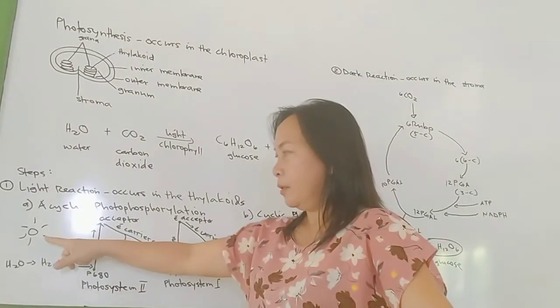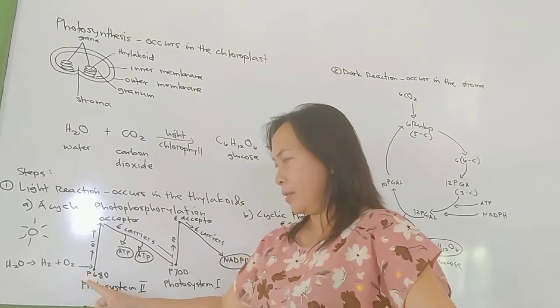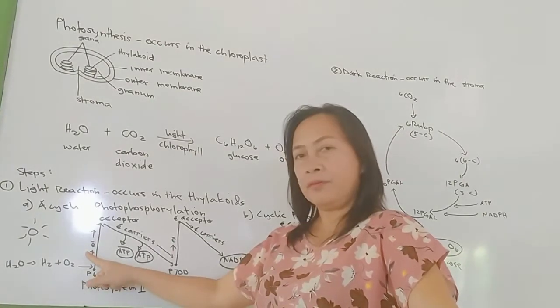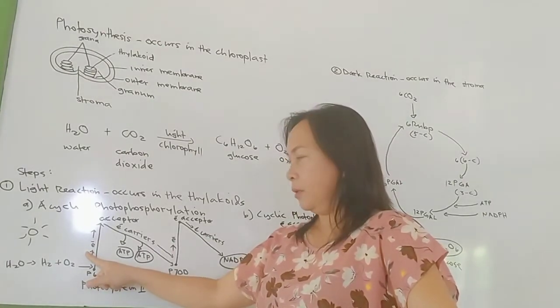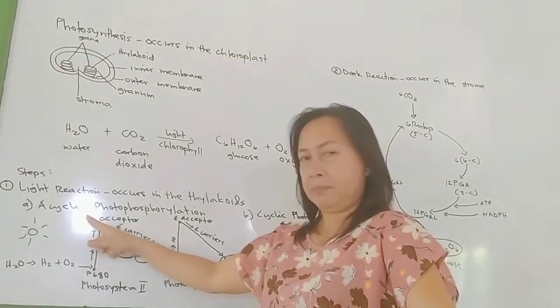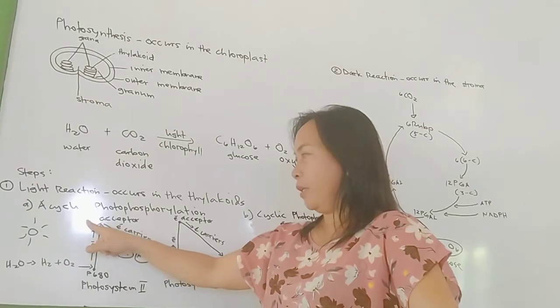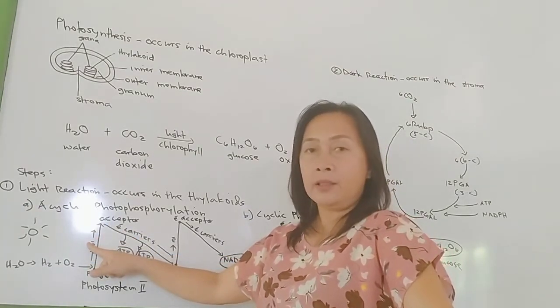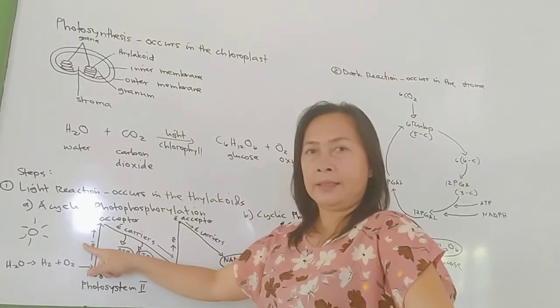So when the sun strikes this active site photosystem 2, electrons from the hydrogen of the chlorophyll will be energized, and they are boosted up. When they receive energy from light, they get excited.